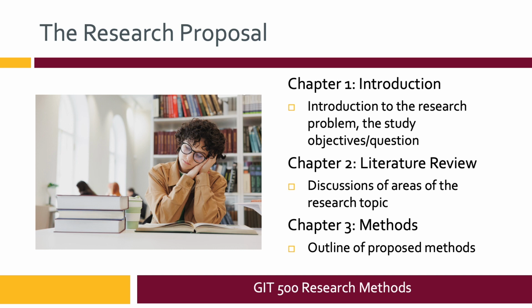It's not about the articles, it's about the things said in the articles. And then you'll do your chapter 3, the methodology, and that's where you outline your proposed methods, because when you're doing the proposal, you haven't actually done the research yet. You're informing whoever that this is what you plan on doing.